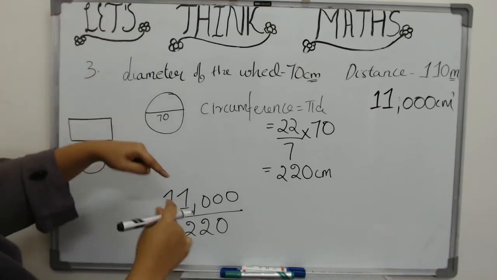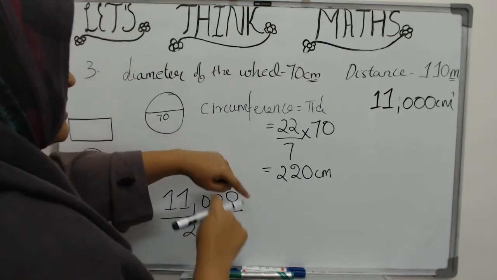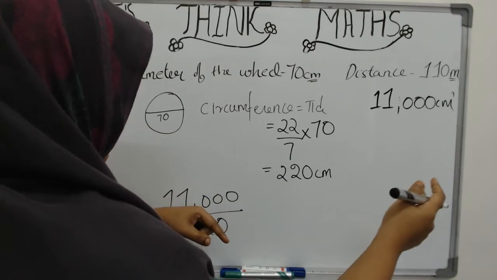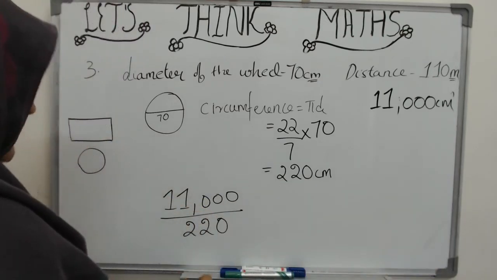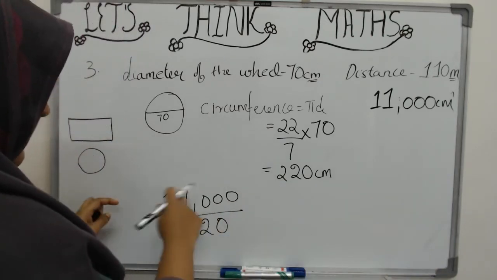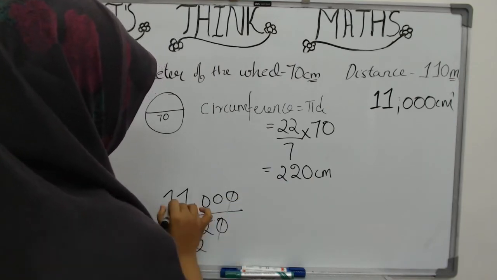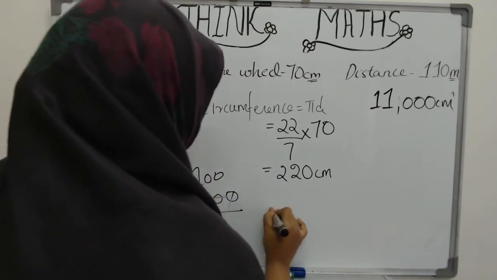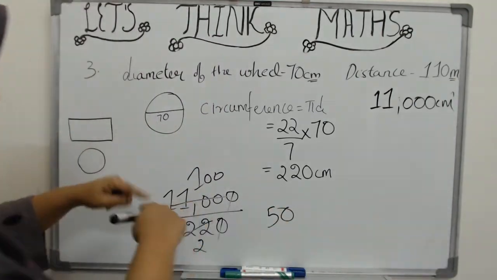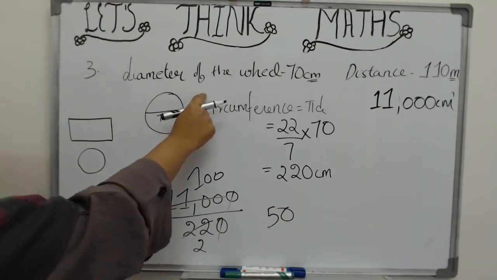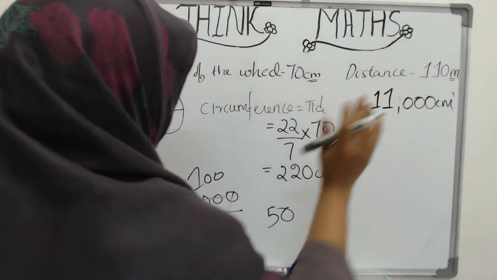It is just like asking how many 2s make 10. 10 divided by 2, right? So the answer will be 5. So just like that, this will give the answer, and the answer will be 50. So after 50 rotations, this wheel will cover 11,000 centimeter.